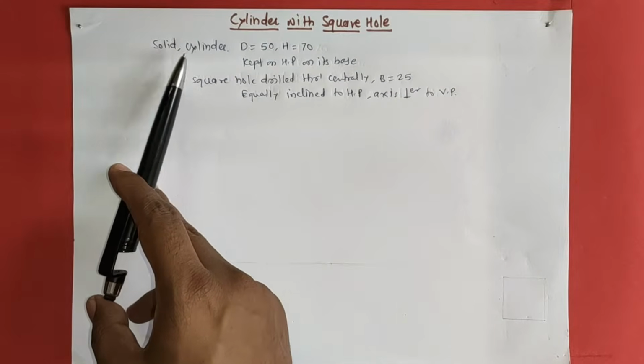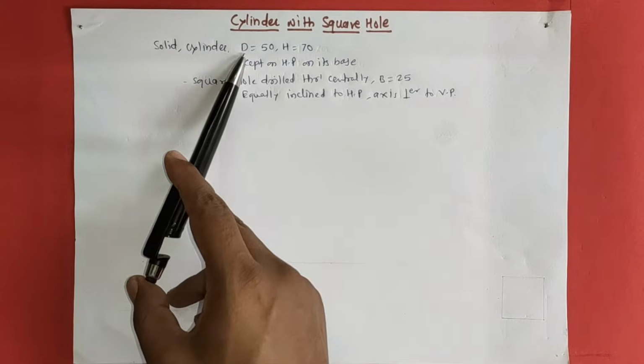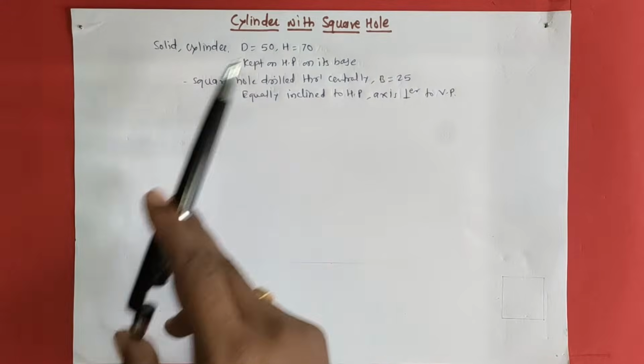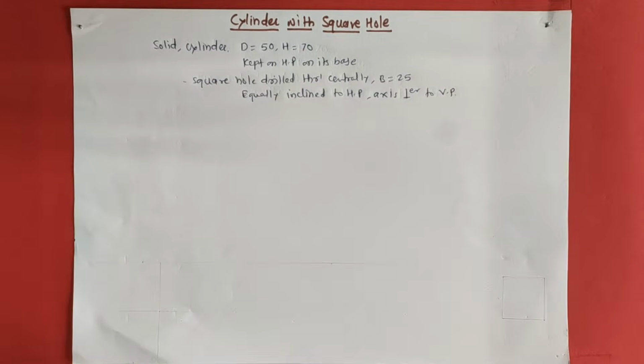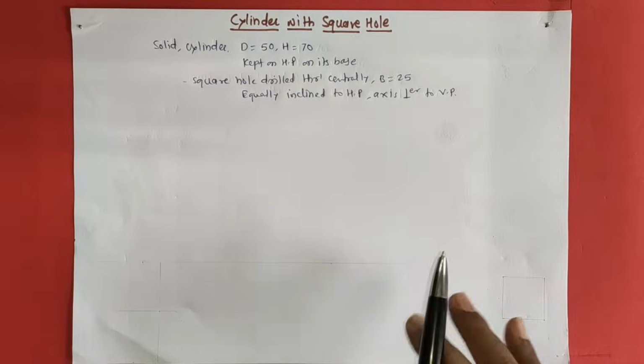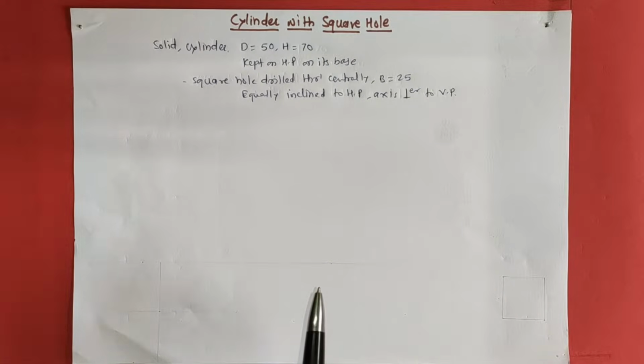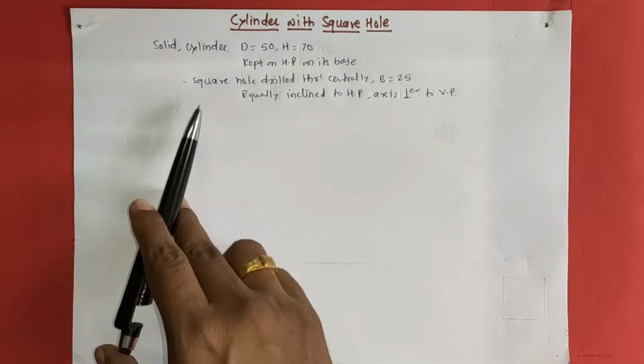What is given here? A solid cylinder with diameter 50 mm and axis height 70 mm. It is kept on HP on its base, that is, on the horizontal plane. So we are going to see a circle in top view.